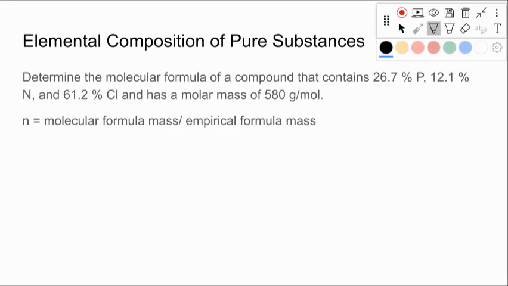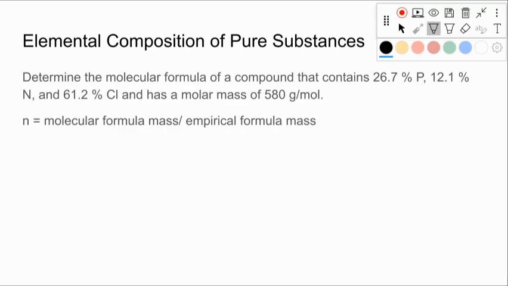So this problem is giving us percents, but it's actually asking for molecular formula, which means we're going to have to do several steps. We have to figure out what the empirical formula is first, and then use this little equation where you take the molecular formula mass divided by the empirical formula mass to figure out what the number is of our ratio, and then we work that problem out.